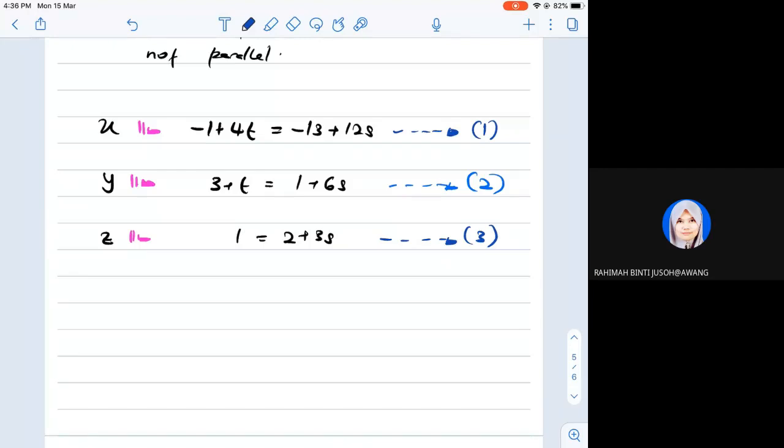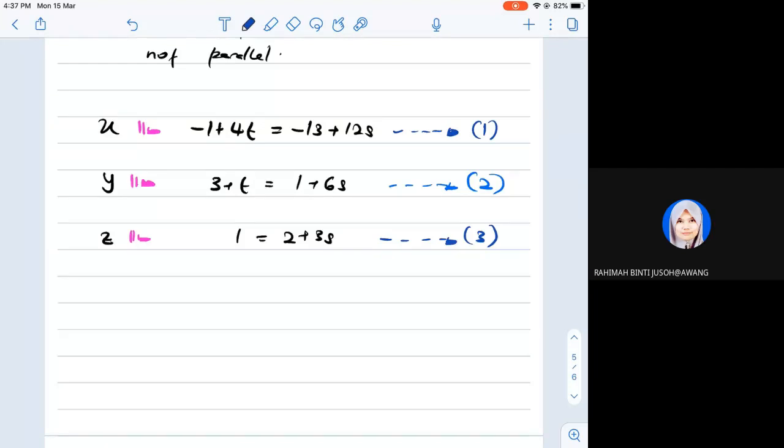The first step is to solve 2 equations simultaneously. After you get the values of t and s, substitute in the third equation. Kalau nilai-nilai t dan s itu memenuhi equation ketiga, barulah kita katakan dia sebagai intersect.